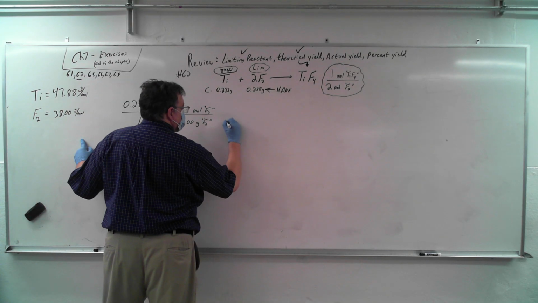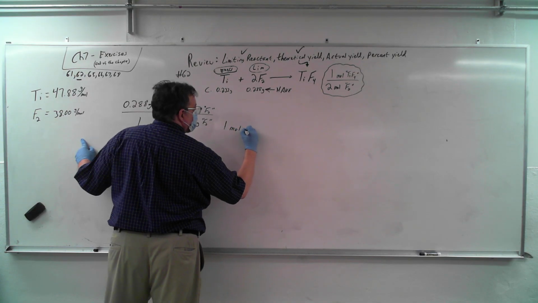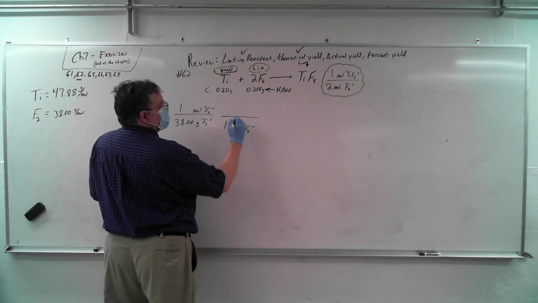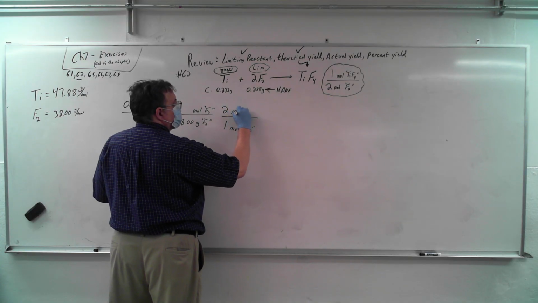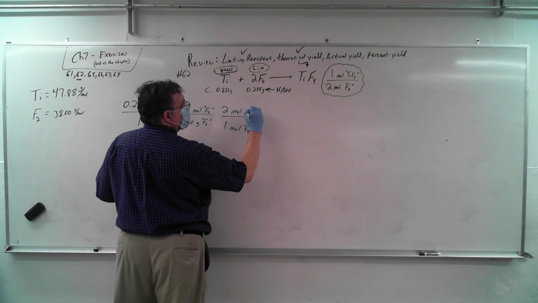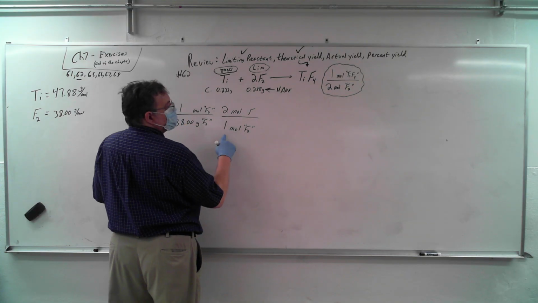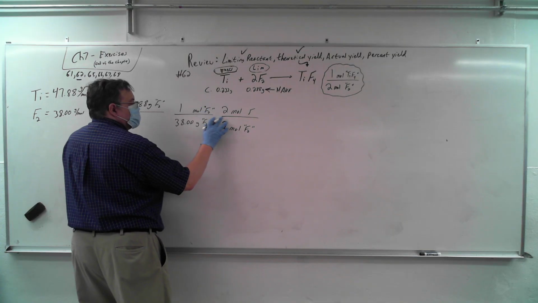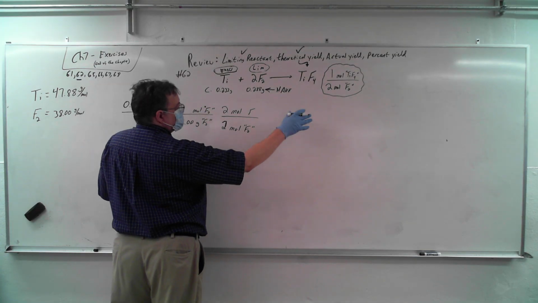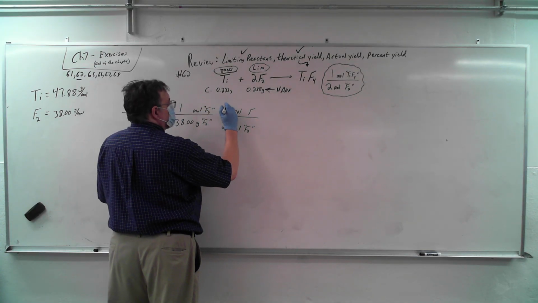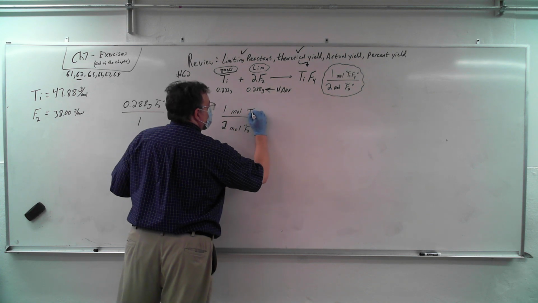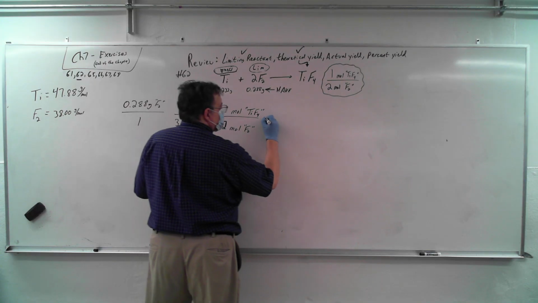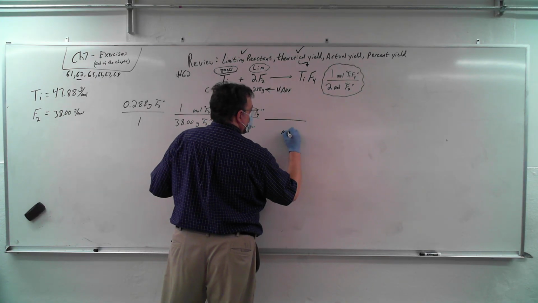Now I'm going to use this: 1 mole of F2, so moles of F2 has to be on the bottom. It's 2 moles of F2 to 1 mole of TiF4. And now I need moles of TiF4 on the bottom.